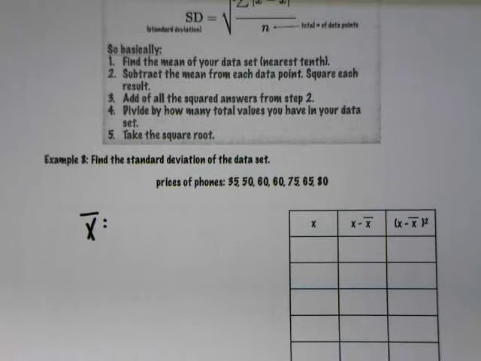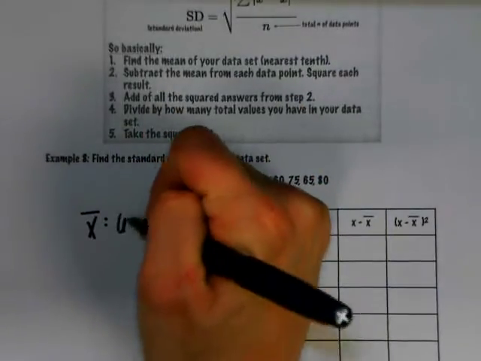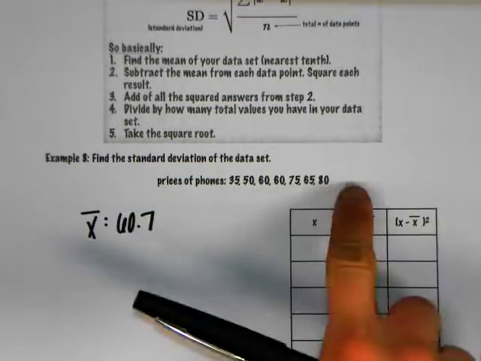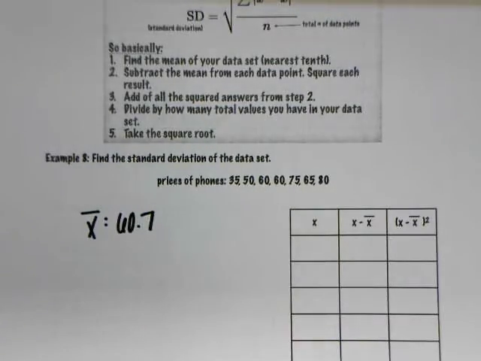Did anyone find it? No. 60.7. Yeah, so 60.7 is what you should have for your mean. So adding all those up and dividing by how many? 1, 2, 3, 4, 5, 6, 7. Yeah.